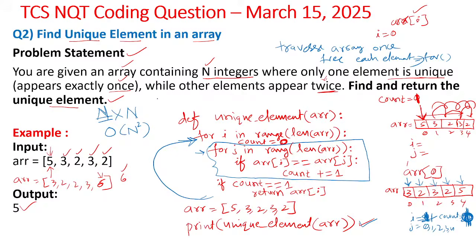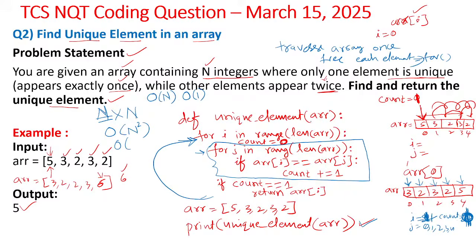So you try to identify the unique element with time complexity of order of n and space complexity of order of 1. For this approach it is order of n square time complexity, and it is not using any extra space here. There is only one variable, which is negligible.